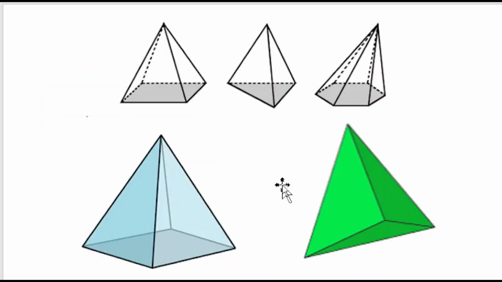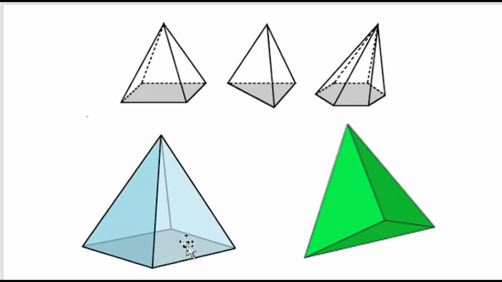Next, can you tell me what these are? This is a pyramid, not a triangle. In a pyramid, each side is a triangle. Many triangles put together.